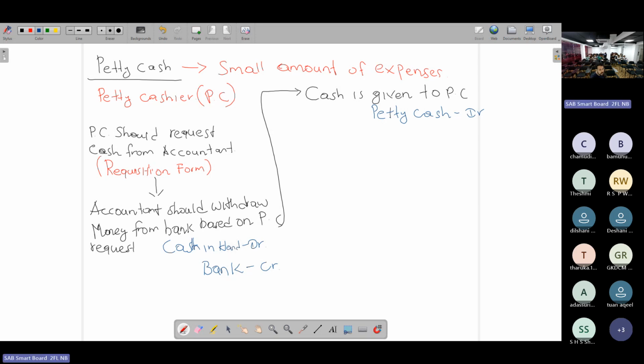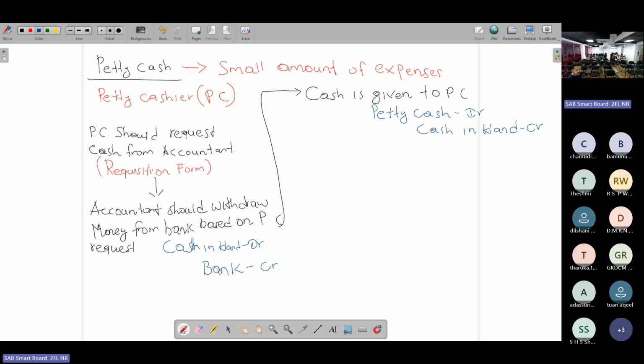Okay, cash in hand. So here petty cash debit, cash in hand credit. Fine. Now, up to this point clear, the petty cashier has received money from the accountant.